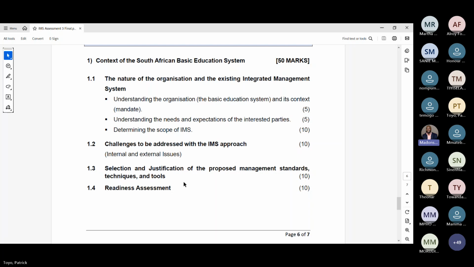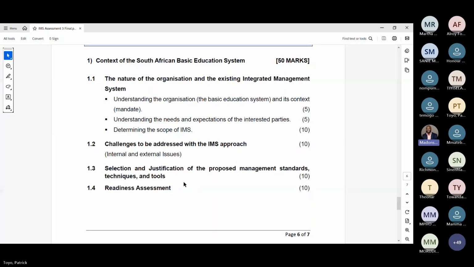If they've tried it and failed, then we can come up with approaches on how they can readdress that implementation. But if they haven't, we are in a better position to establish the management standards that the education sector is currently using, and how mature those standards are, in order for us to advocate the IMS.